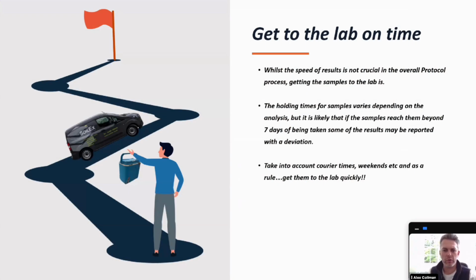You need to make sure you get your samples to the lab on time. Nearly all labs will provide a courier service, which essentially is free of charge and comes with the testing, but you can't let those samples sit there for weeks on end before you send them off to the lab, because there are specific holding times that the labs need to work to, and that correlates back to the sampling date. Now, that does change depending on what contaminants are being tested. For instance, asbestos in soils, you could hold for an indefinite amount of time, and you'd still get accredited results.